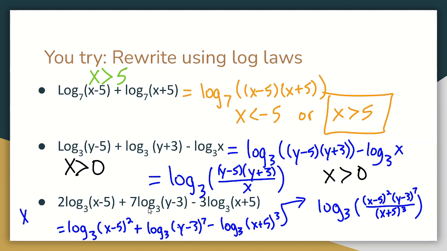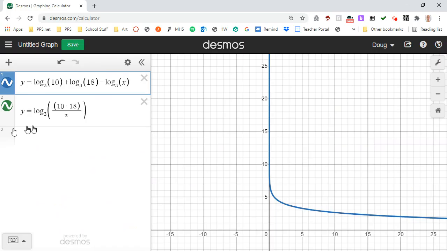So here, x must be greater than negative 5. Over here, in the denominator, that same thing is true. So it looks to me like these should be identical. So let's graph them and see.